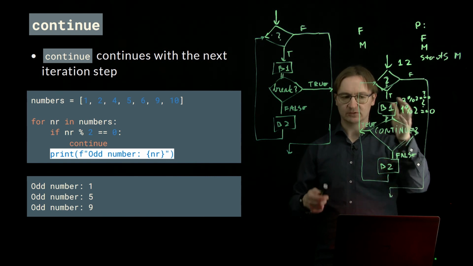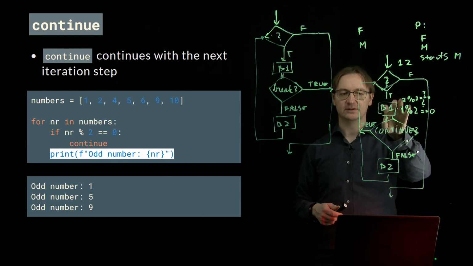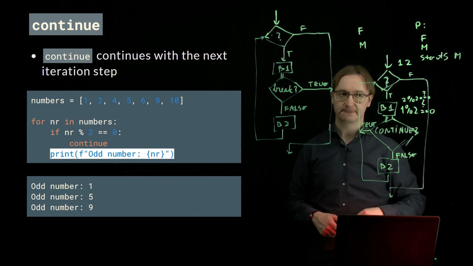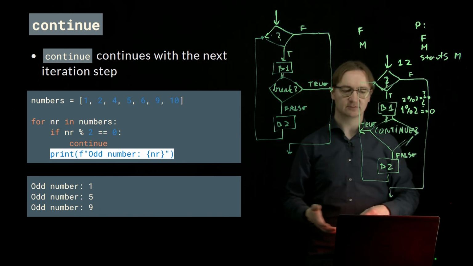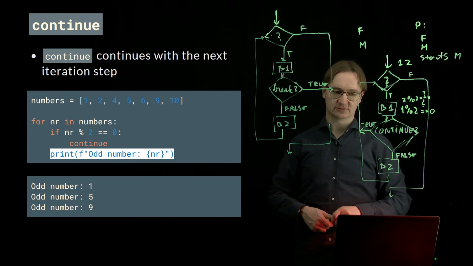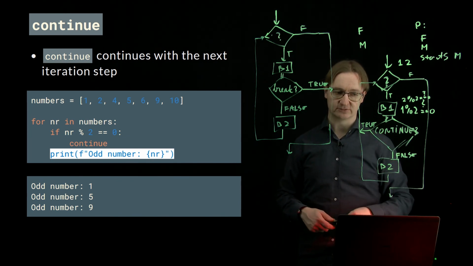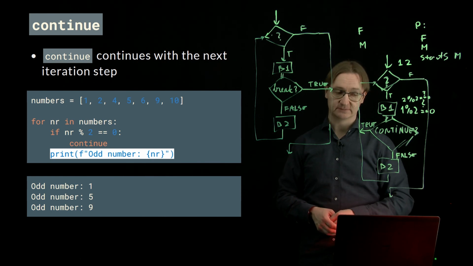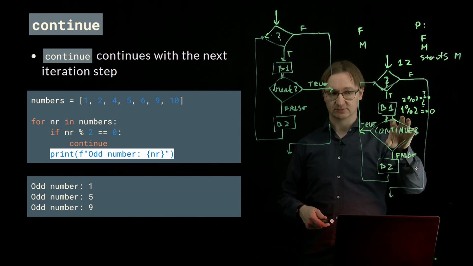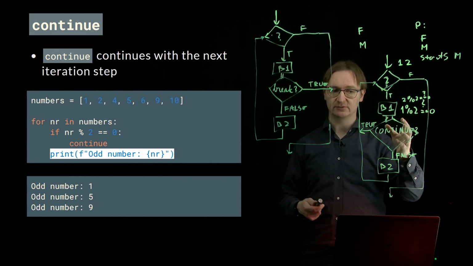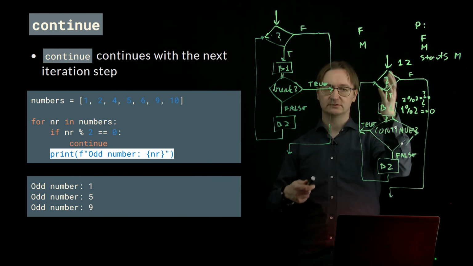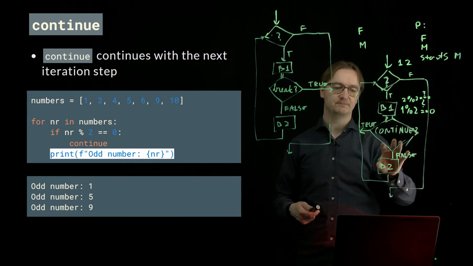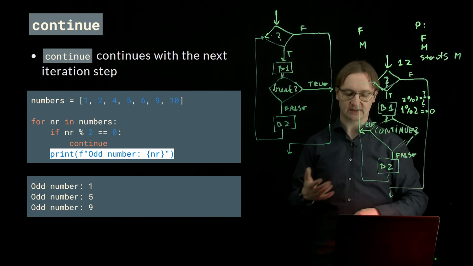And if you don't want to execute it, then you go back to the next element. So continue is not so often used, but it's nice to know. And in some ways, it can make your code easier to read. So in certain cases, you can say continue, and then it's easily understandable that you don't care about the rest of the body. You want to take the next element from the loop.